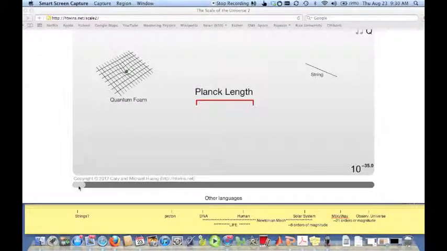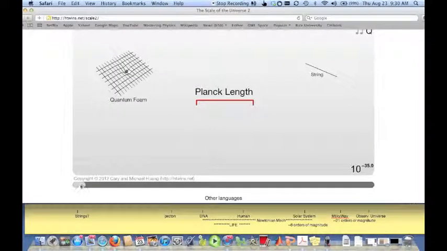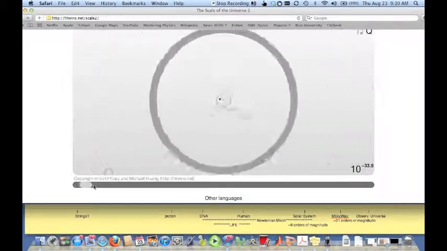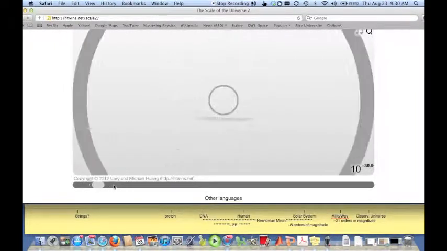So the smallest is 10 to the minus 35 meters, and the scale here is shown in scientific notation. If you go up in scale, we have pretty much nothing that we know anything for sure.